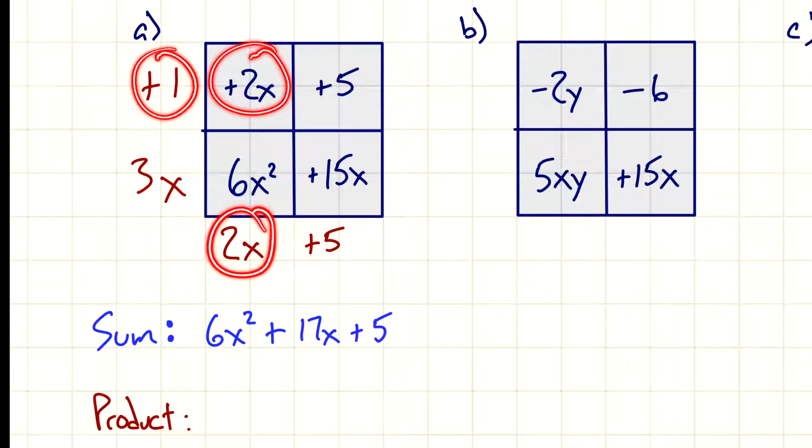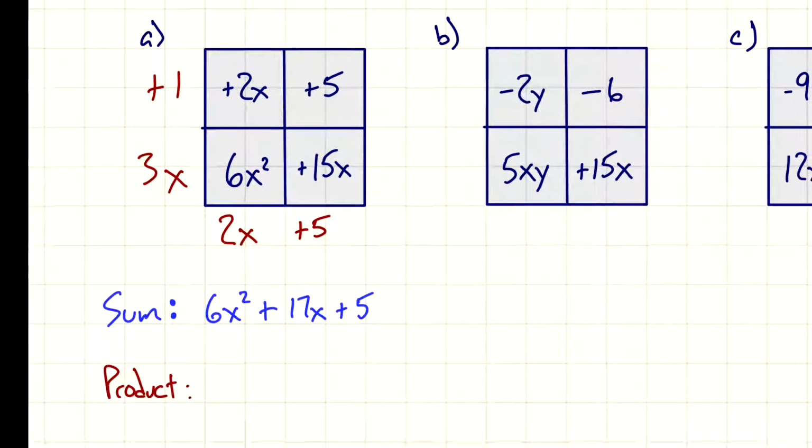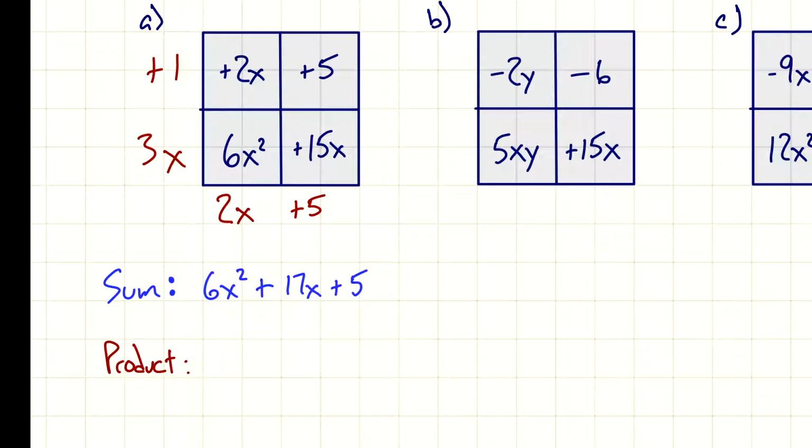That's awesome. All right, so now that we have the numbers on the outside, what we're going to do is just copy them. So the first factor is 3x plus 1, and the second factor is 2x plus 5. If you happen to switch the order there, that would be okay as well.